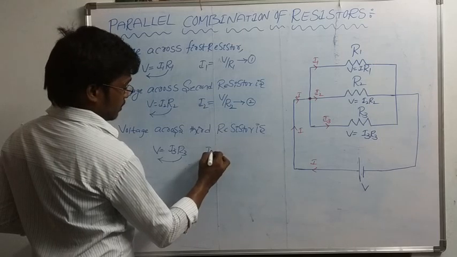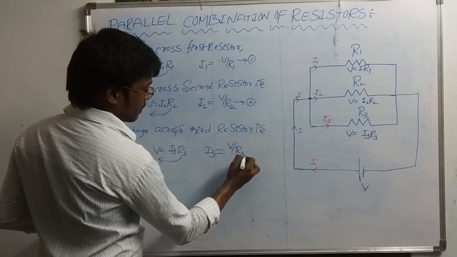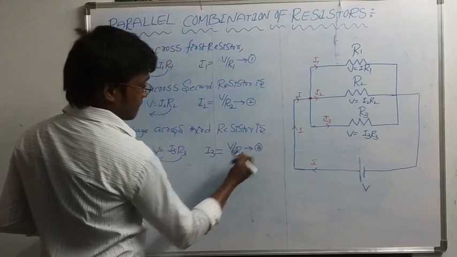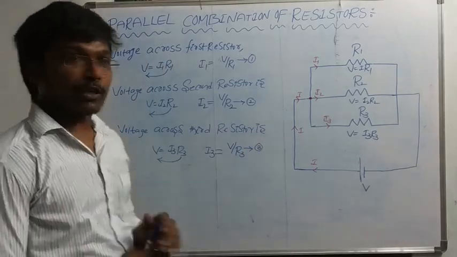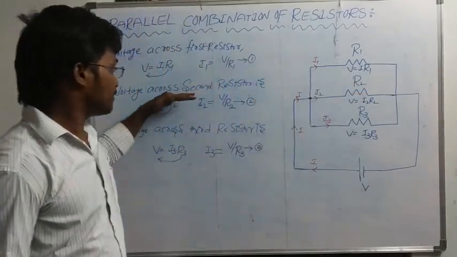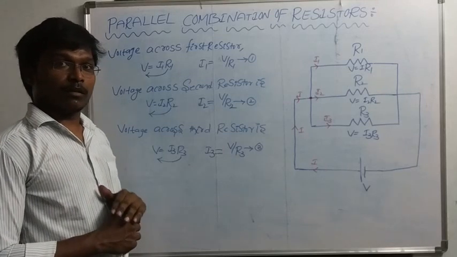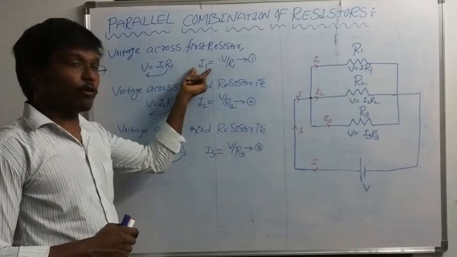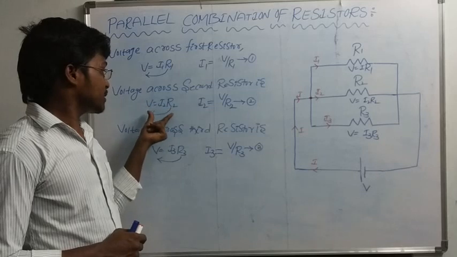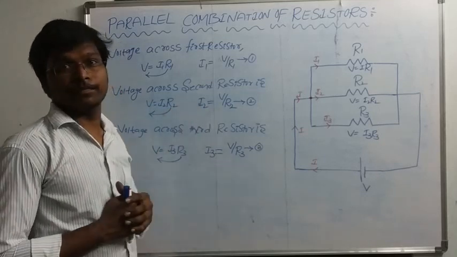So I3 is equal to V by R3. Give this equation number 3. From the first expression, I found I1. From the second expression, I found I2. From the third expression, I found I3.